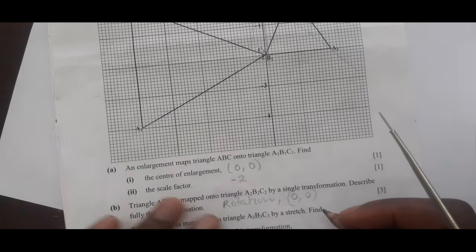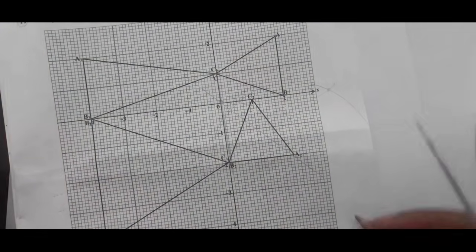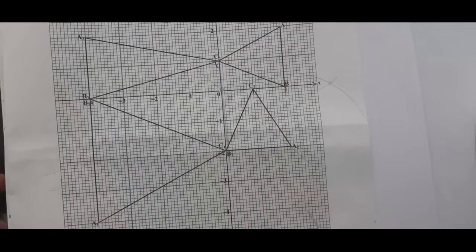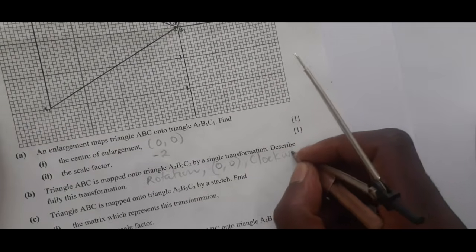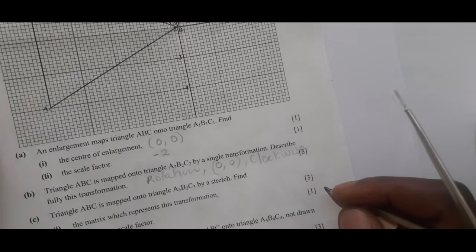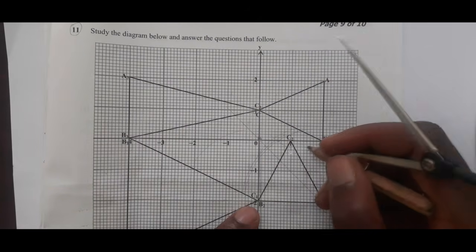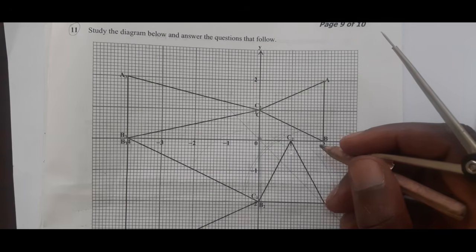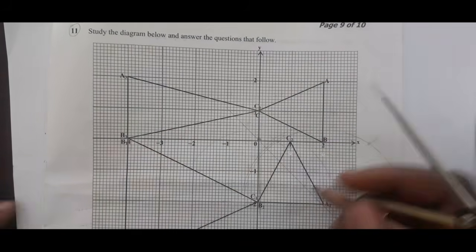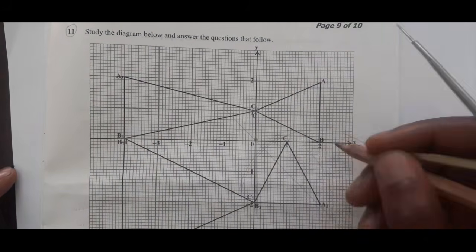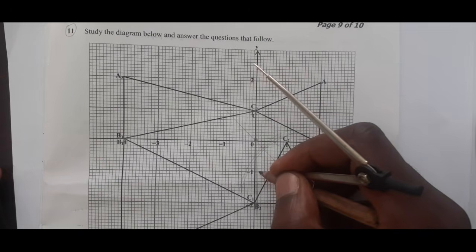Then I told you that the direction you can just see from the orientation. The direction is what? This is clockwise. Then what has remained? The angle. The only thing you can do is join one point from the image to the center, and also join the corresponding point to the center.